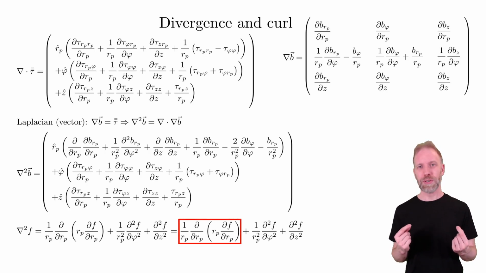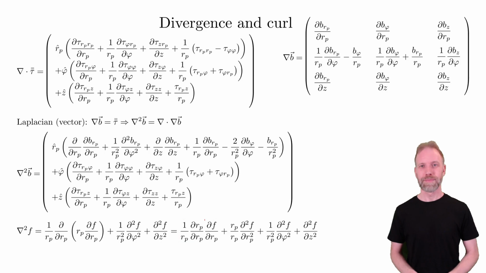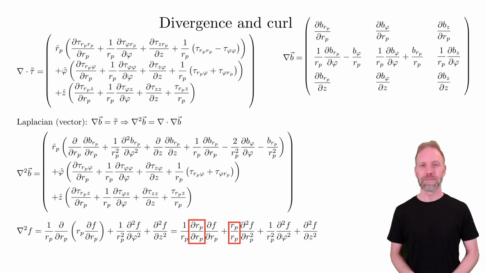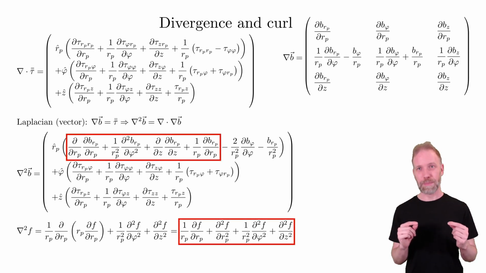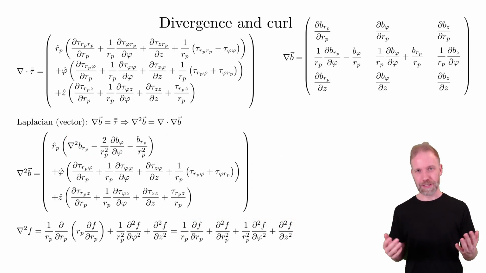If we use the product rule, this becomes... Both of these are 1 and can be removed. Note that this part is the scalar Laplacian of the radial component of B. Hence, it's common to write it in terms of this scalar Laplacian to get a shorter expression.